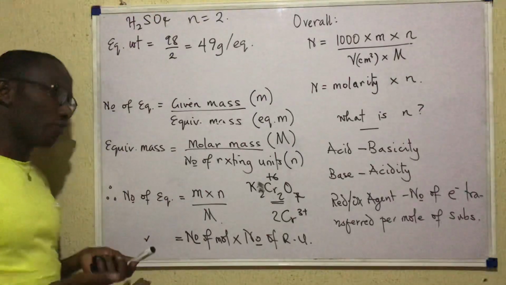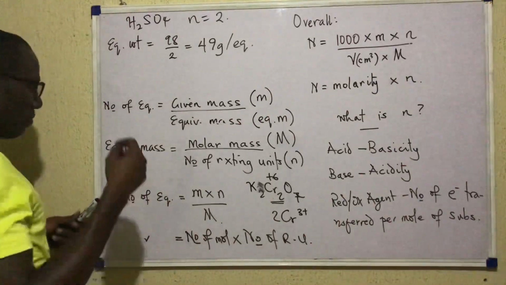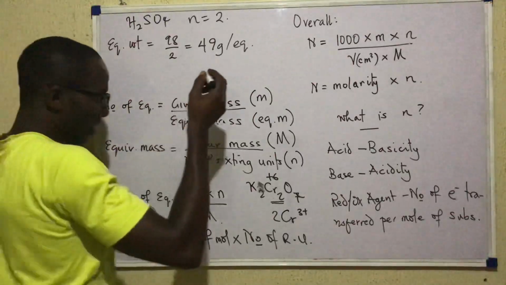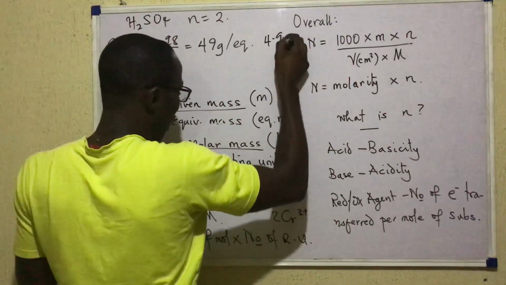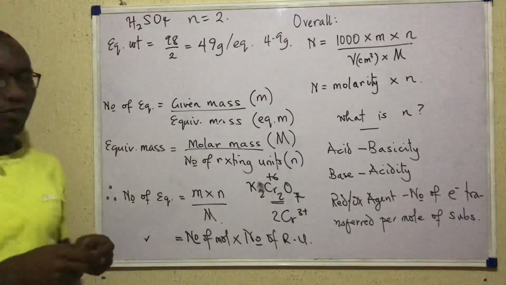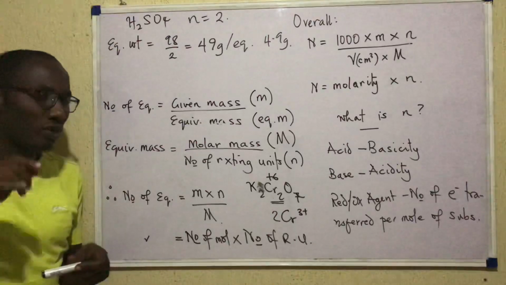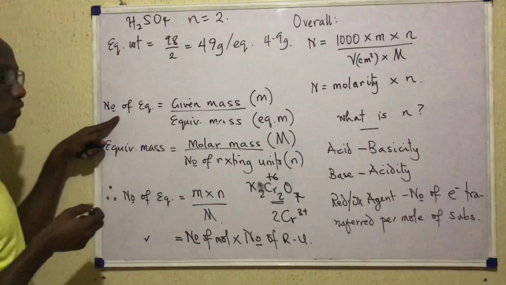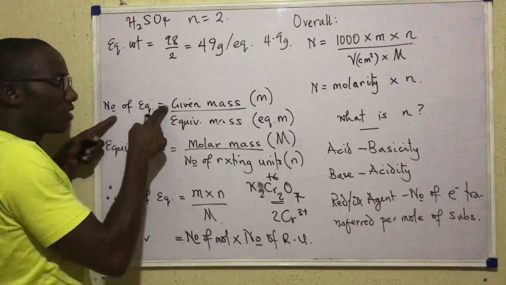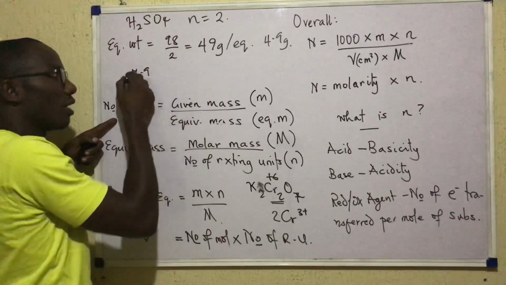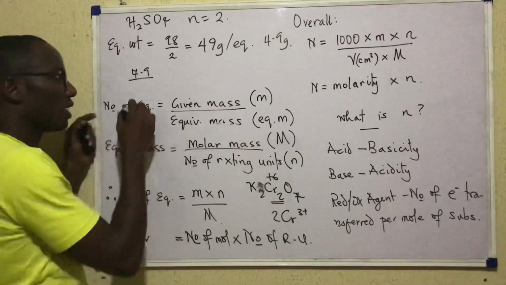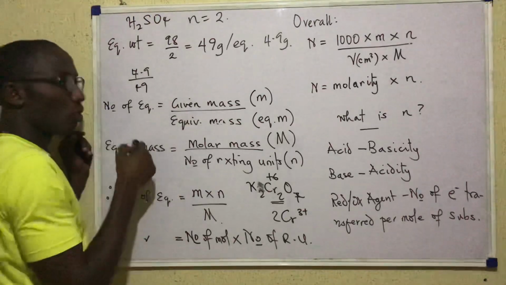What if somebody says I should calculate the number of equivalents present in 4.9 grams of H2SO4? How many equivalents will be in it? I could use this formula: number of equivalents is the given mass, 4.9, divided by equivalent mass, the mass of one equivalent, which is 49, according to what we got here.